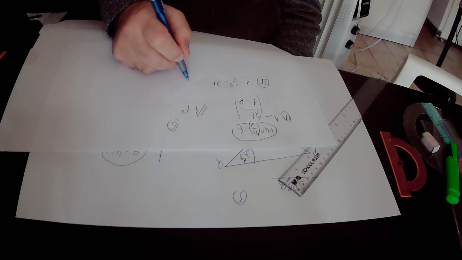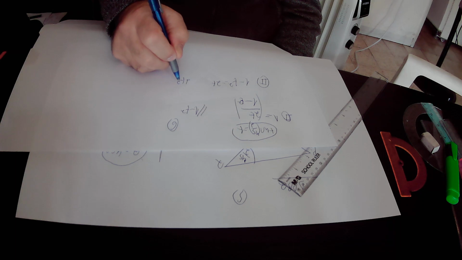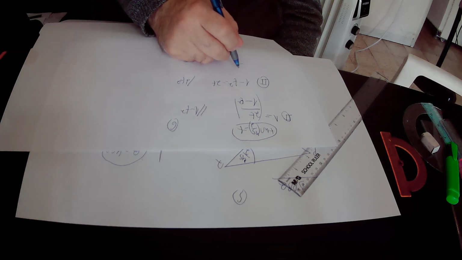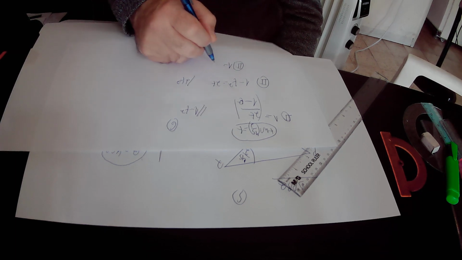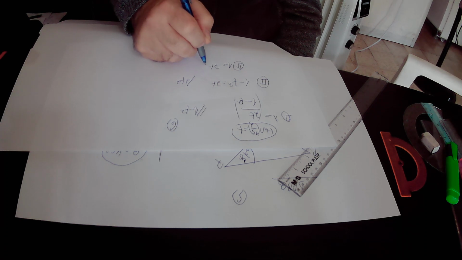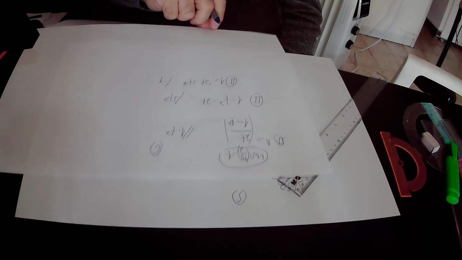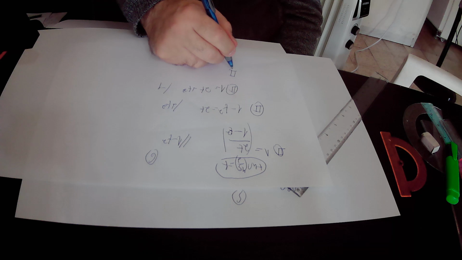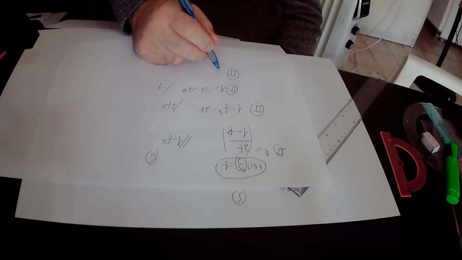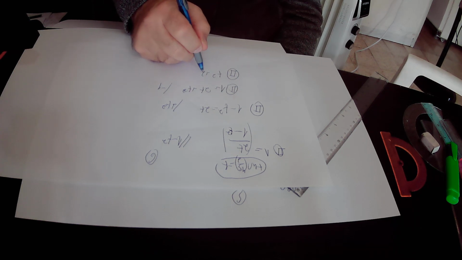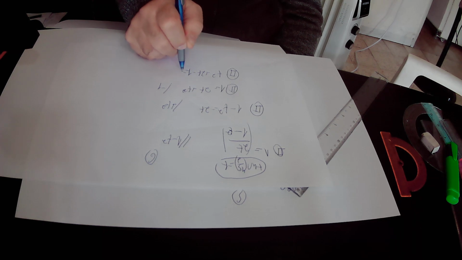We add t square to this equation, and we get that 1 equals 2t plus t square. We subtract 1, and finally we get that t square plus 2t minus 1 equals 0.